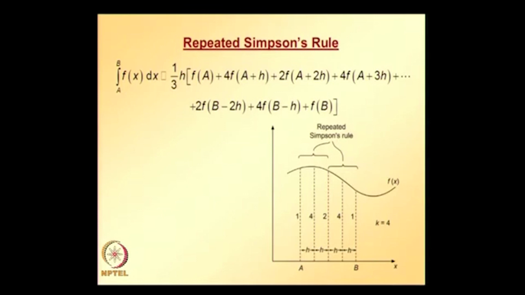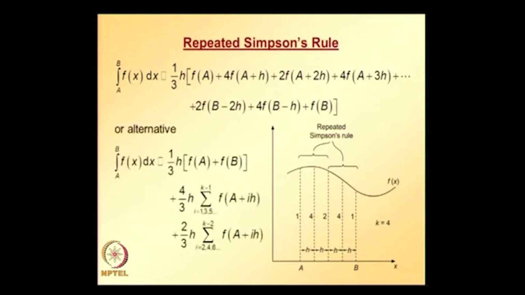So when we apply this repeated Simpson's rule, the integral of f(x) between the limits a to b turns out to be this one, which can be further simplified here. I think because of a font problem the approximation symbol is not coming properly.